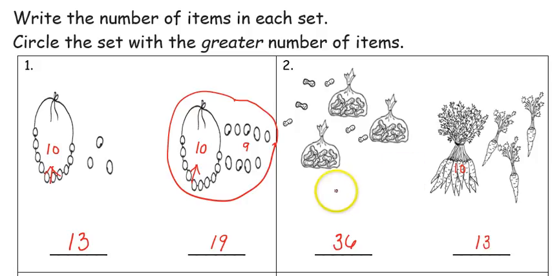And you can see that I have more peanuts than carrots, especially because I have 3 groups of 10 compared to just 1 group of 10 in the carrots. So the peanuts would be showing me the greater number of items.